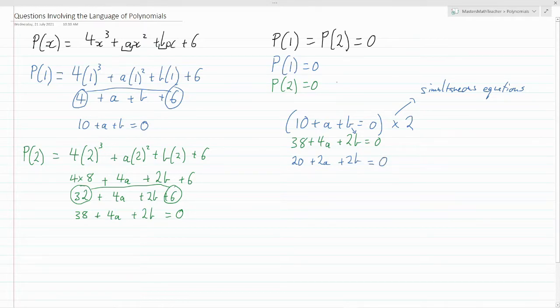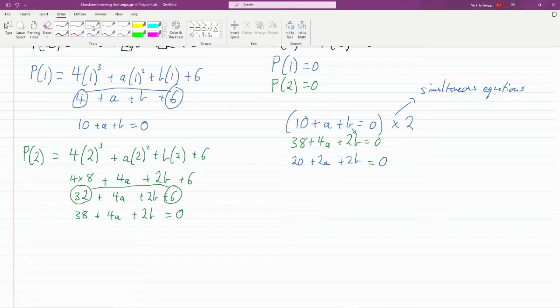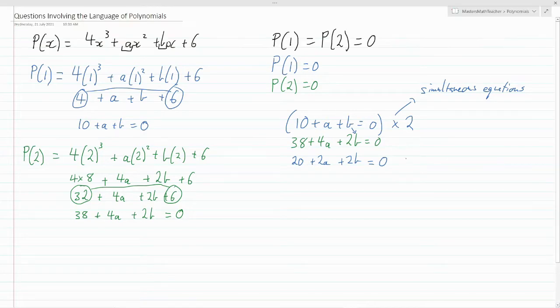The reason we did that is now we have the same amount of b's. So we can take the first equation from the second equation. So let's call this equation 2. We'll call our green one equation 1. And we're going to do equation 1 minus equation 2.